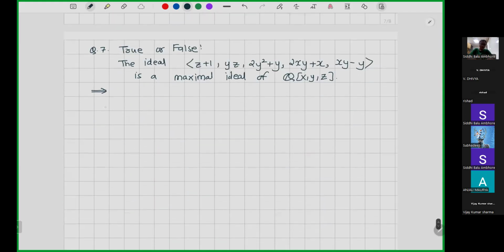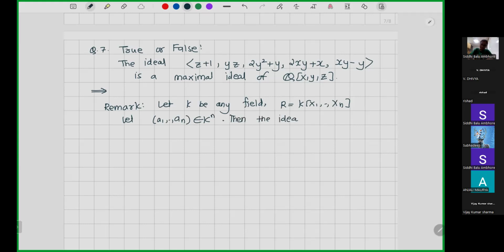Note that we are in a field. So let me write this. Let K be any field. Then R is equal to K[x1 to xn], and I'm just repeating what I wrote earlier. For some n-tuple, the ideal x1 minus a1, x2 minus a2, and so on, xn minus an is a maximal ideal.